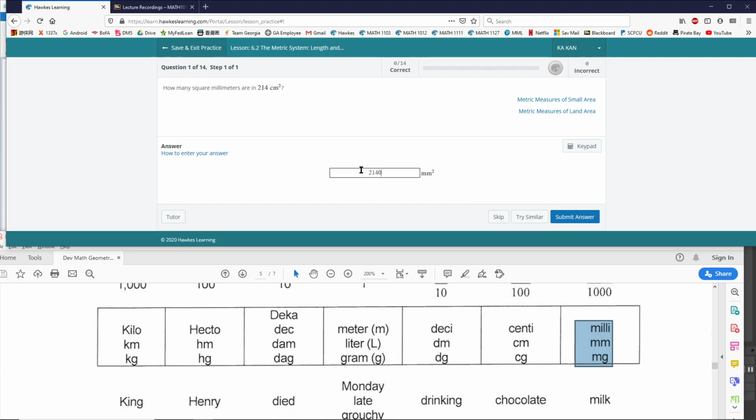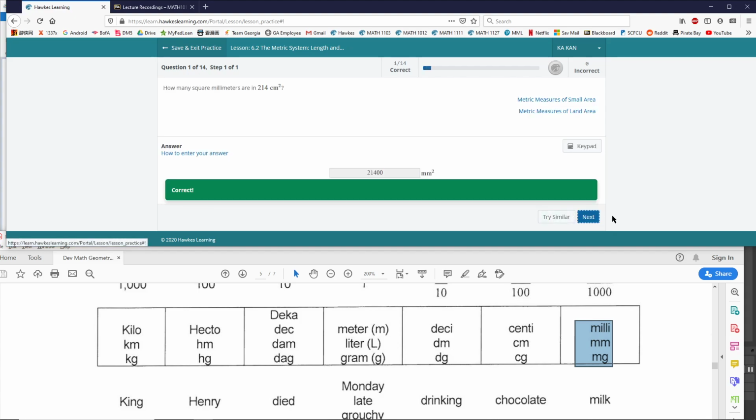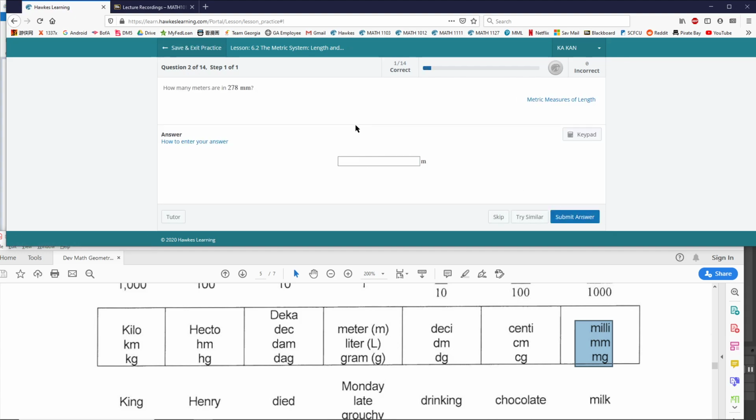So that will be 2140. But here's the problem. You have a square, square millimeter, square centimeter. That means you have to double that. Usually you just move one time if it has no square. With the square, you have 21400. I know it's a bit tricky.